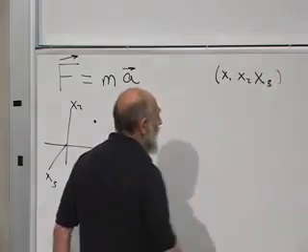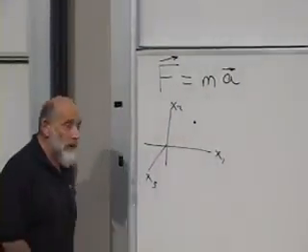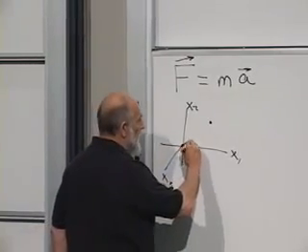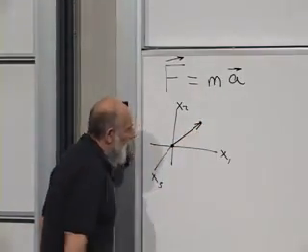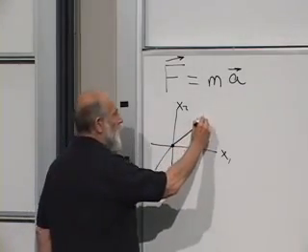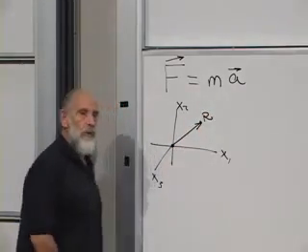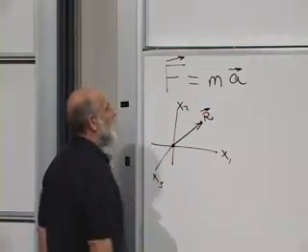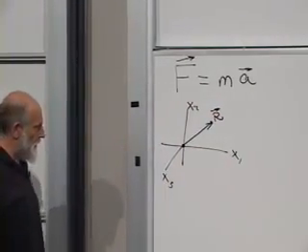Incidentally, x1 and x2 and x3 are components of a vector. They are components of the position vector of the particle. The position vector of the particle I will often call either small r or large r, depending on the particular context.